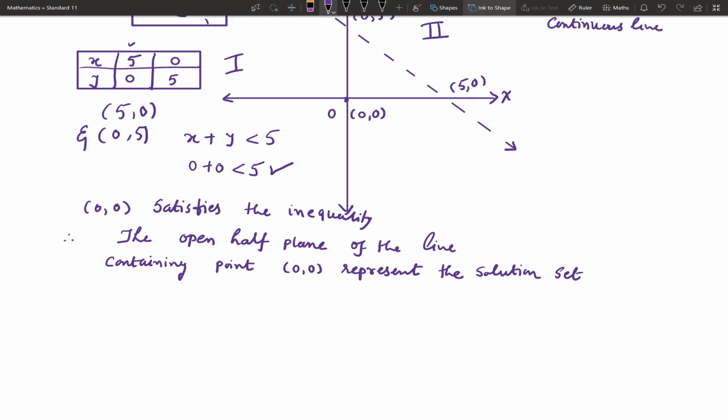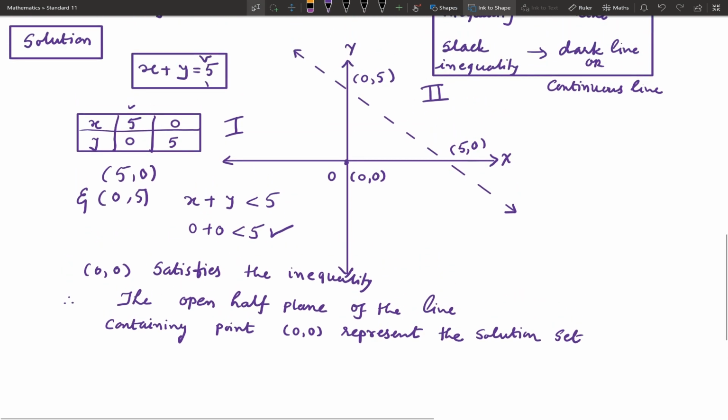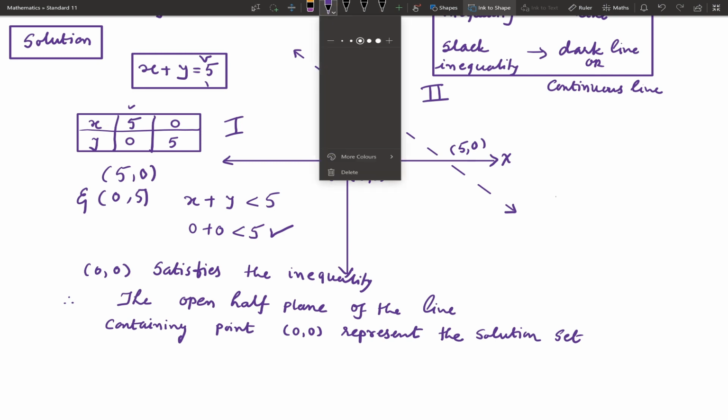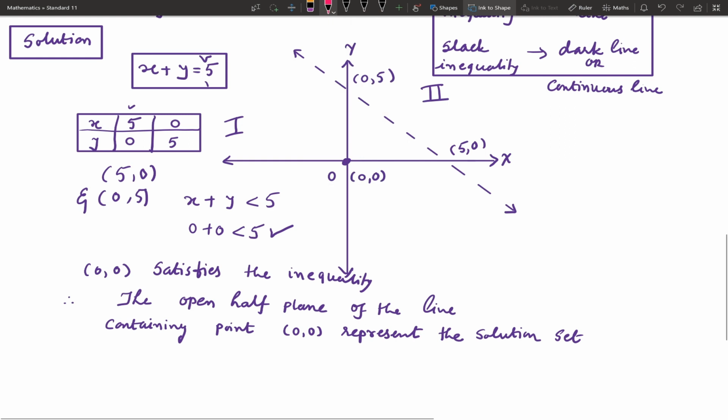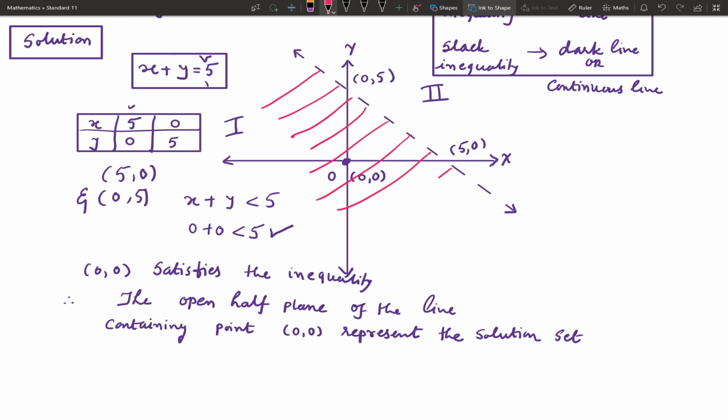So the open half plane of the line containing point 0 comma 0, this is the point 0 comma 0, containing the point 0 comma 0 represents the solution set. So this is the solution set which contains point 0, 0. So this half of the plane will represent the solution set.